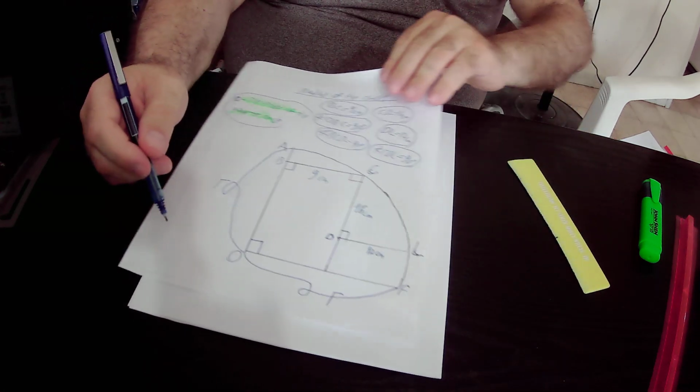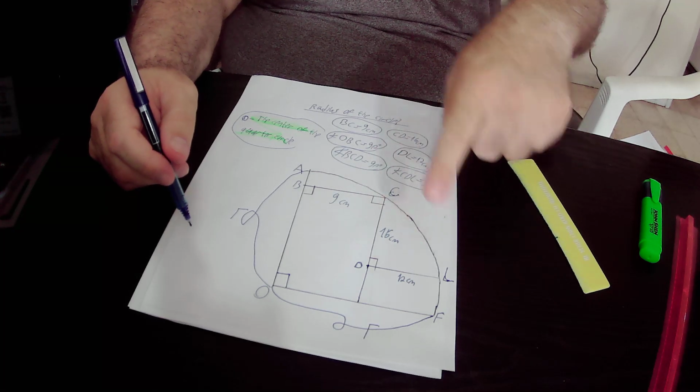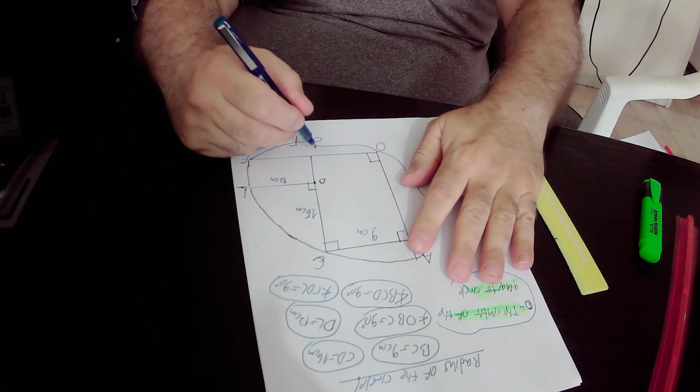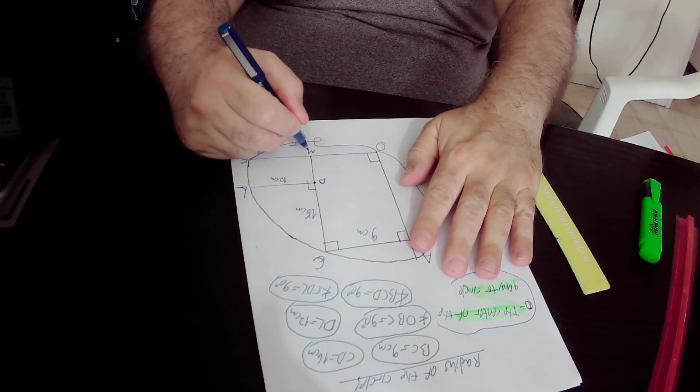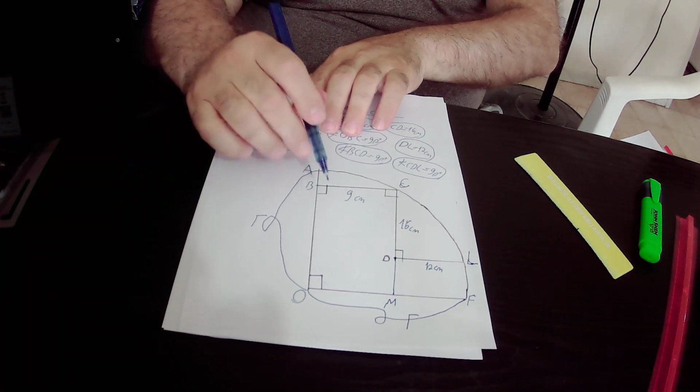We will define the touching point of the extended straight line CD and OF as point M. So by this construction, we created here quadrilateral BCOM.